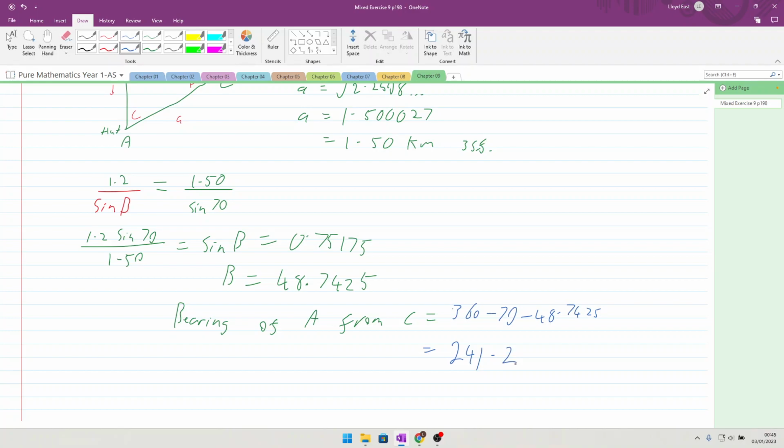How accurate do they want it? Call it 241 degrees to 3 significant figures.